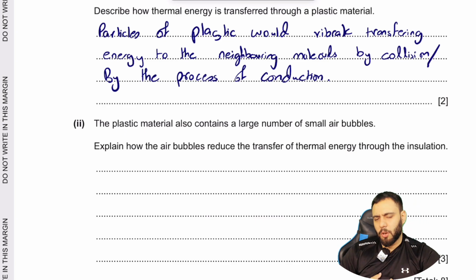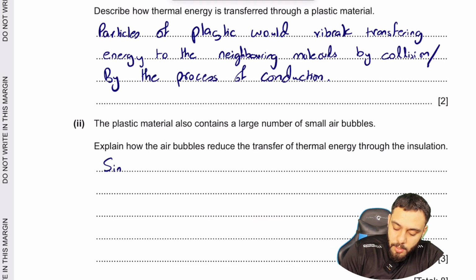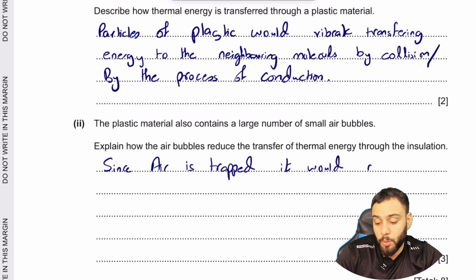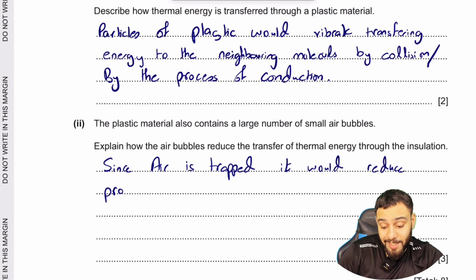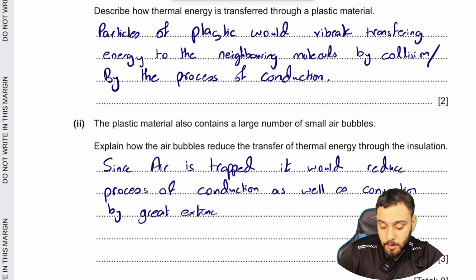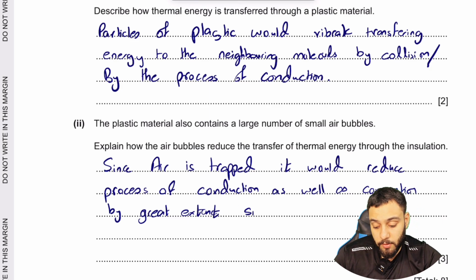I would answer along these lines: since air is trapped in the middle, it would reduce conduction as well as convection to a great extent, since it's a very poor conductor of heat.